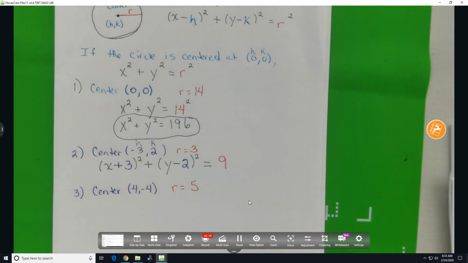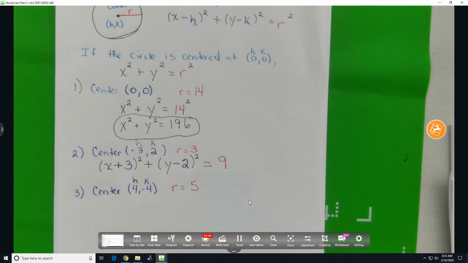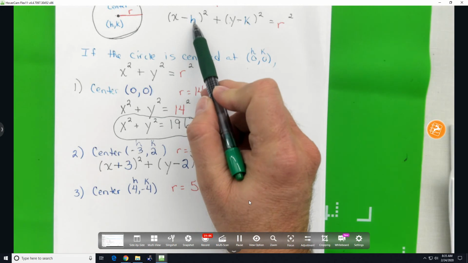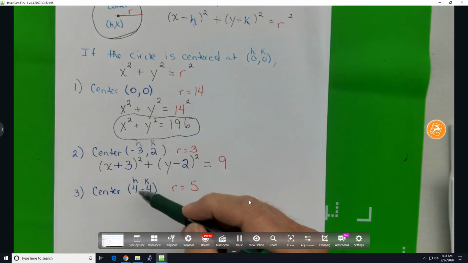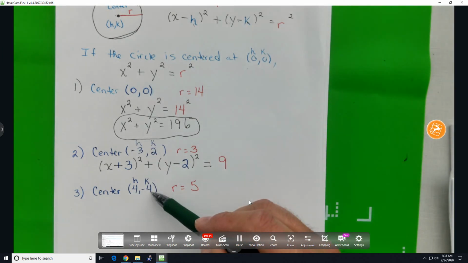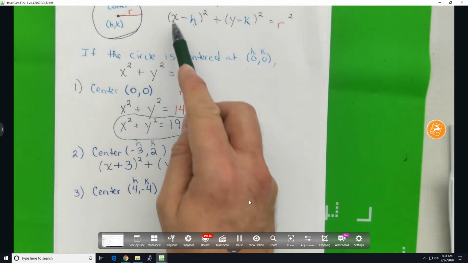Well, we call the center HK. In place of this blue H, I'm going to put a blue 4. In place of the blue K, I'll put a blue -4. And I think I'm going to try using green instead of black for that.